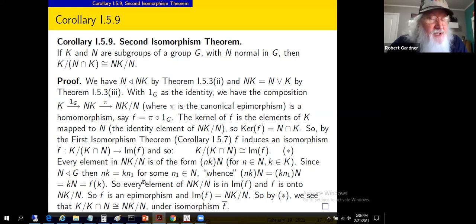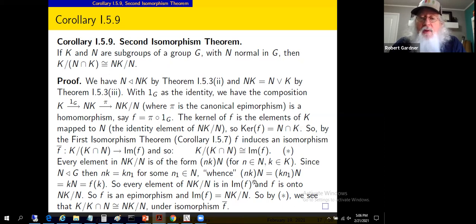We're just dealing with elements of a left coset and a right coset. So we've got the equality Nk equals K N sub 1 for some N sub 1 in capital N, whence nk times N, this left coset of N, make that substitution, K n1 times N equals this left coset of capital N.